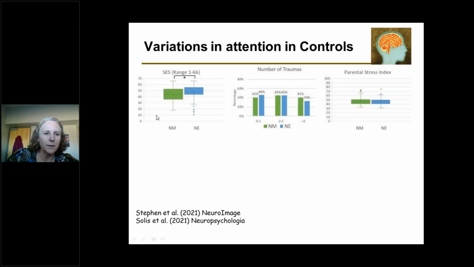This is just a description of the population that we studied for the DevCog study. We did see some differences in socioeconomic status, which is shown up in the upper left. But we also have quite a number of traumas in these individuals.